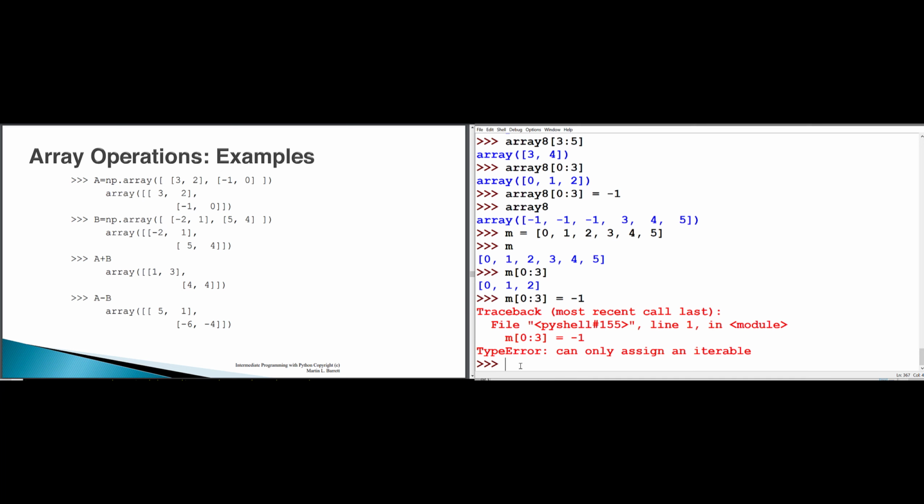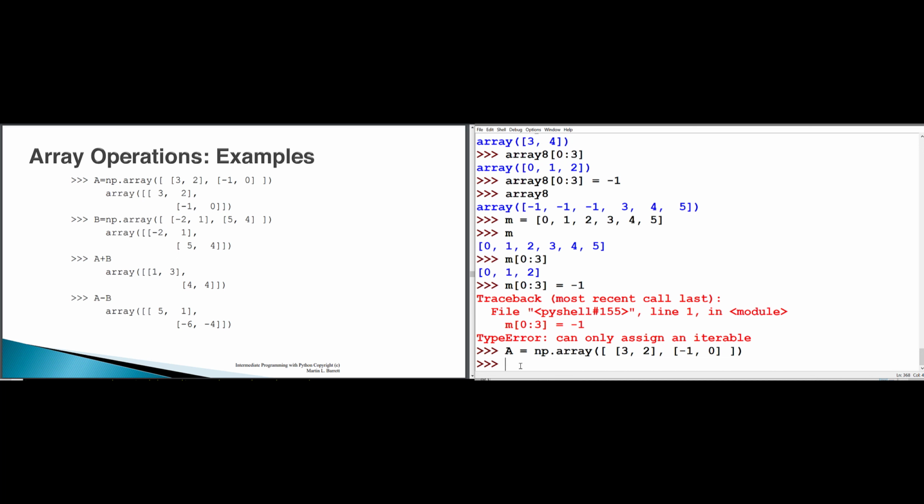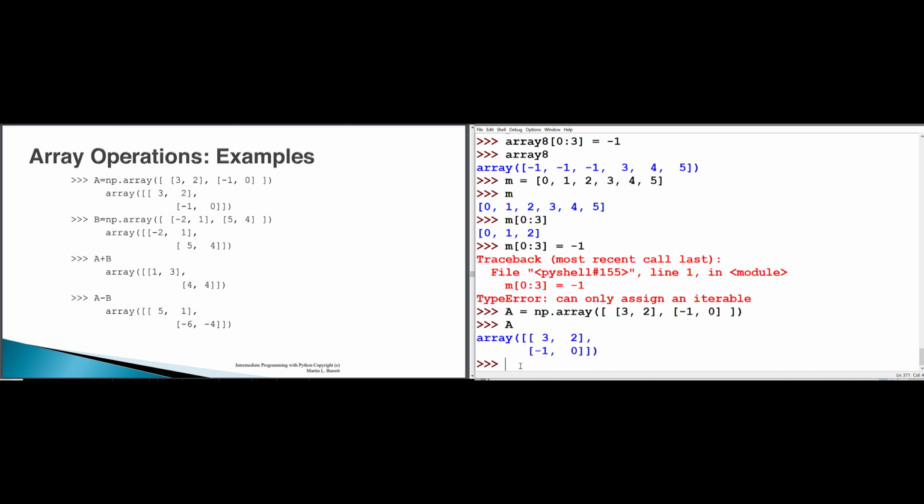And I'm too lazy to type this out, so I'm just going to copy and paste it in. All right, so there's A with 2 rows and 2 columns: 3, 2 in the first row, -1, 0 in the second row. And next I'm going to create B. And B will also have 2 rows and 2 columns.